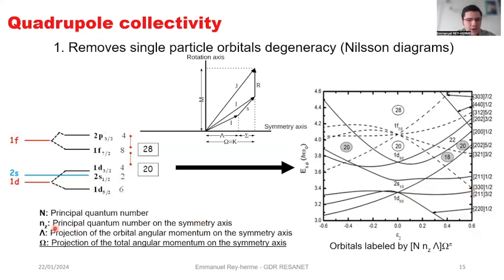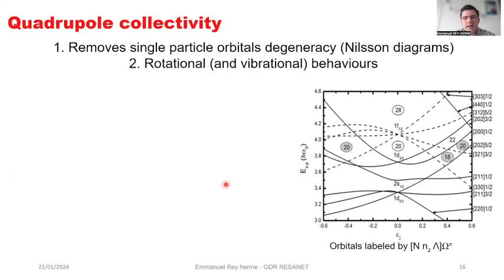And one of the most important quantum numbers here would be omega, which is the projection of the total angular momentum on the symmetry axis, and which is often also associated with K. The second behavior appearing is rotational and vibrational, but we will mainly speak about rotational behaviors.